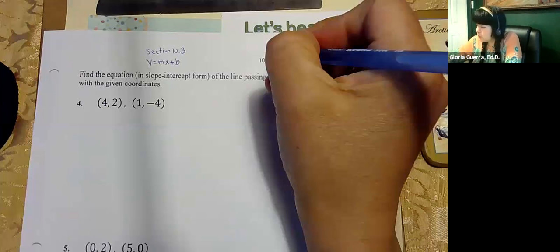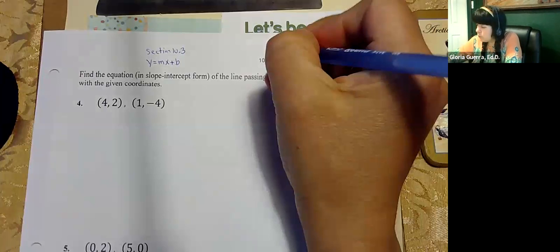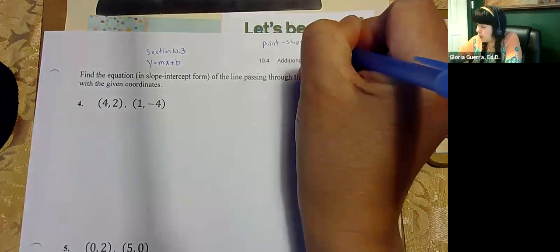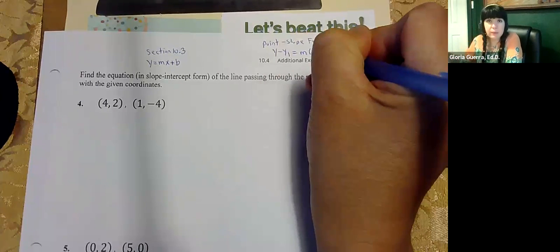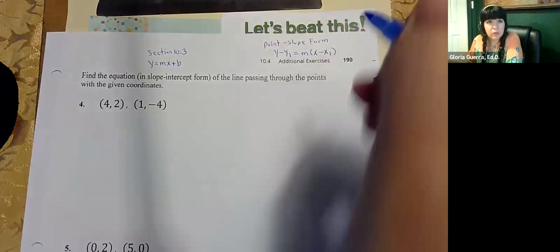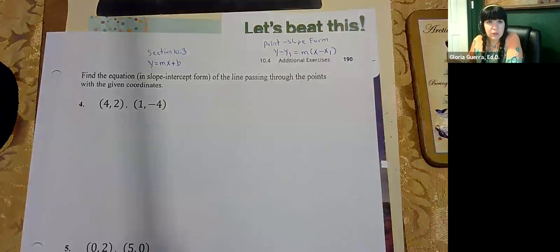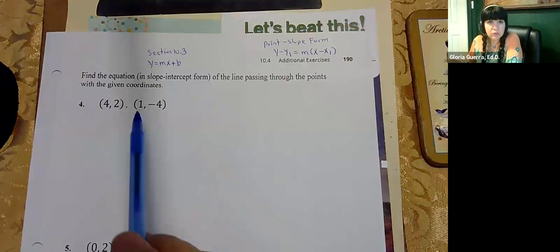See, we're in 10.4. 10.4 is point-slope form. That's y minus y1 equals m times x minus x1, right? But they want these answers in this format, y equals mx plus b.